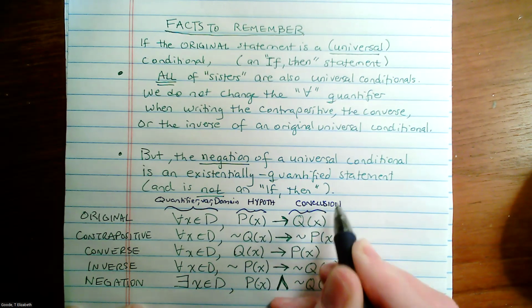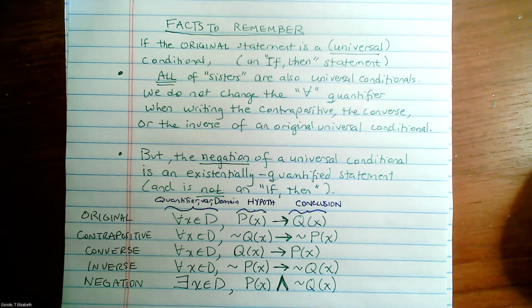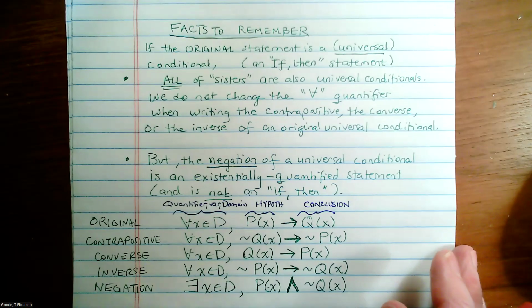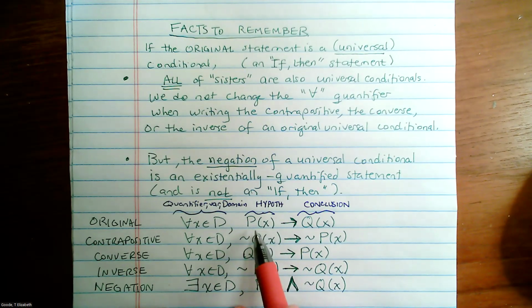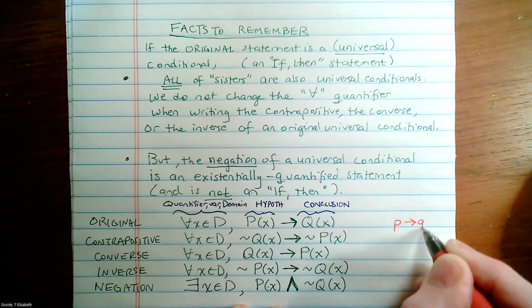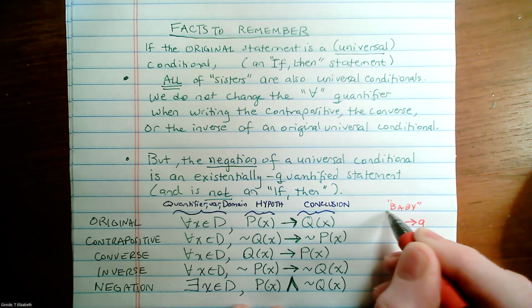Okay. Because we start real simple in the class. We start with just a little p and a little q. There's none of this capital stuff with variables. But now we're trying to deal with predicates where there's a variable. If you go back and look at the definition of a statement versus a predicate, which we practiced way back in 2.1, we first started with P implies Q. This was the baby way to do it.